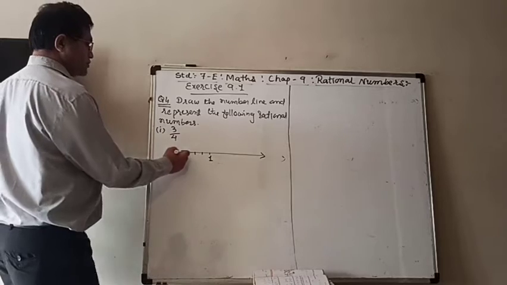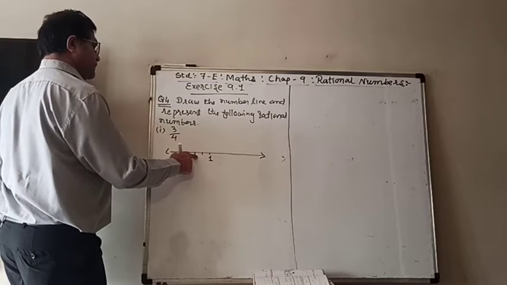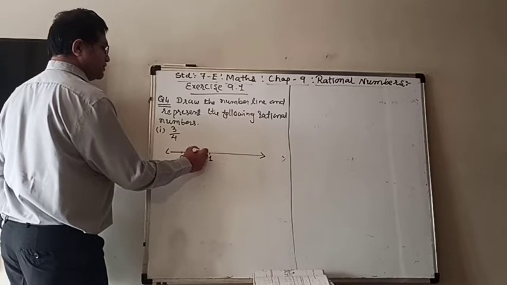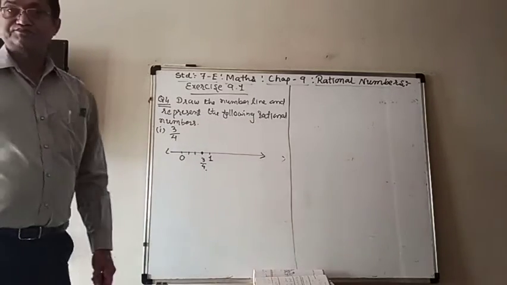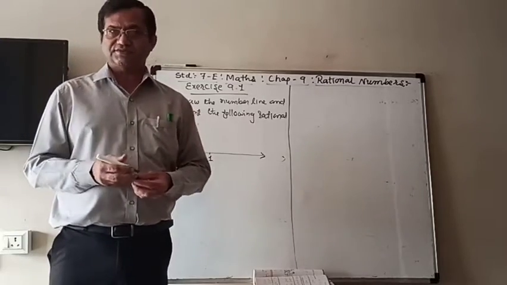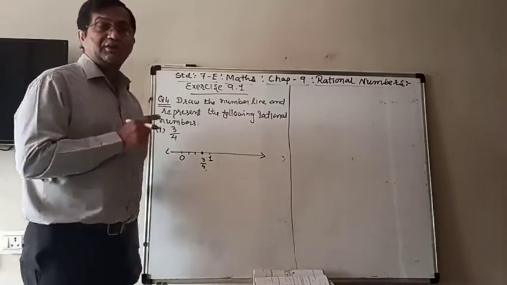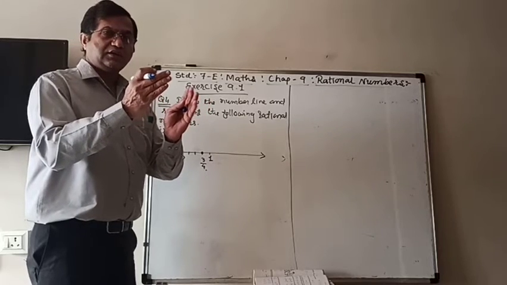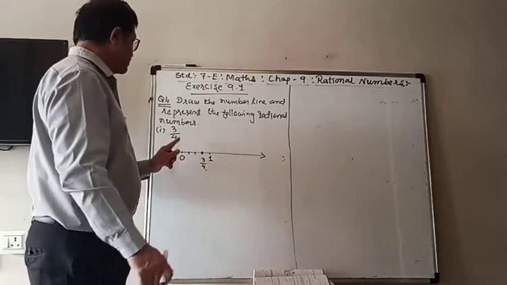Now, the first part represents 1 upon 4, second part 2 upon 4, the third part will represent 3 upon 4. Very simple. So when we represent the rational number same as the fractions, we have to make the equal parts according to the number in the denominator between the place of 0 and 1. If it is still needed, you can go between 1 to 2 also, but you have to make the 4 equal parts.